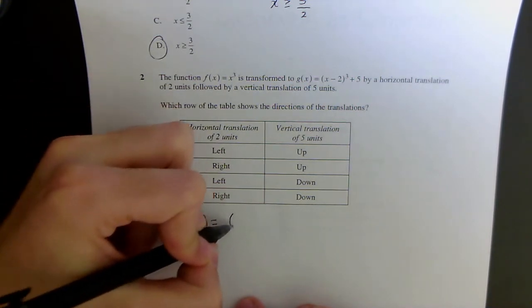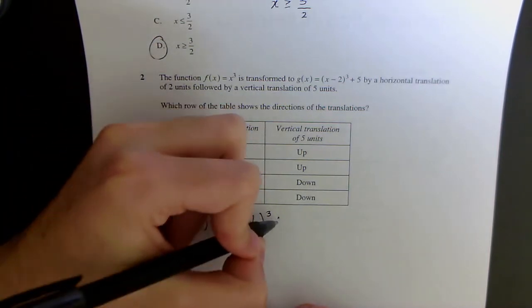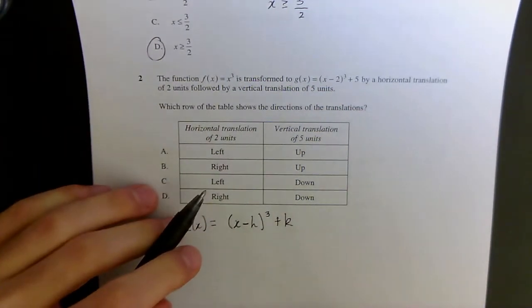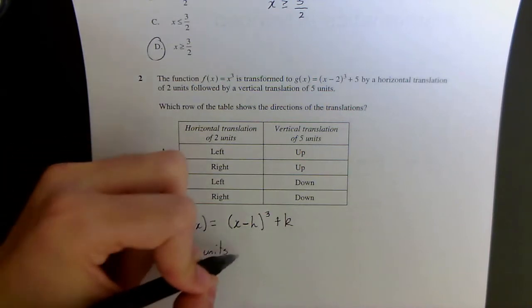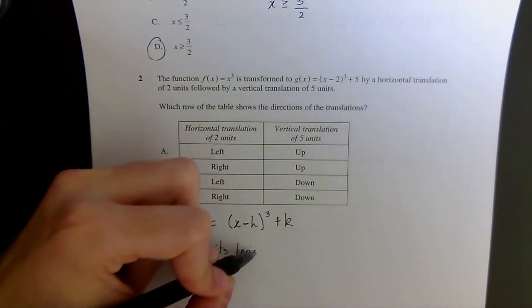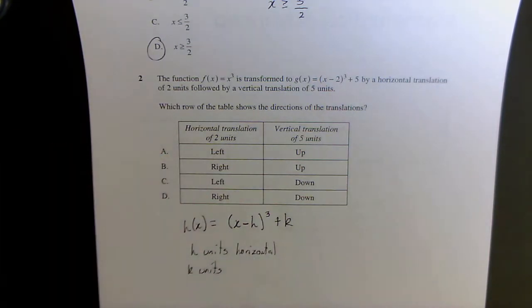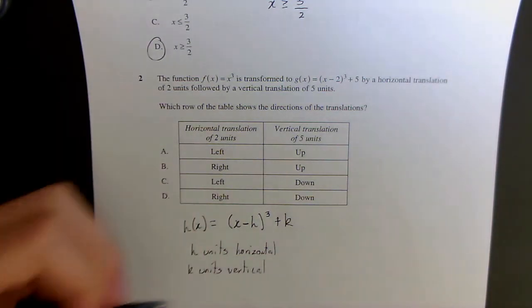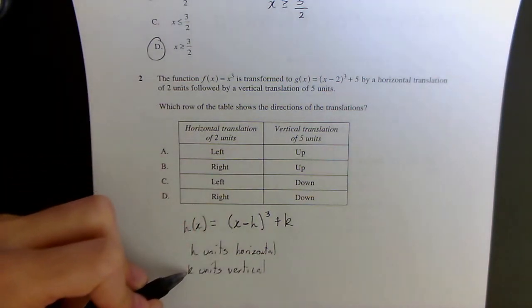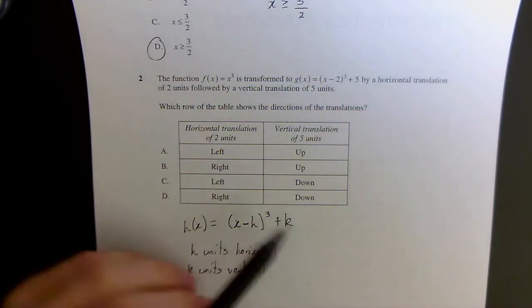and it's in the form of (x minus h) cubed, plus k, we have a shift of h units horizontal and k units vertical, and k is going to be up or down depending on whether this is positive or negative.